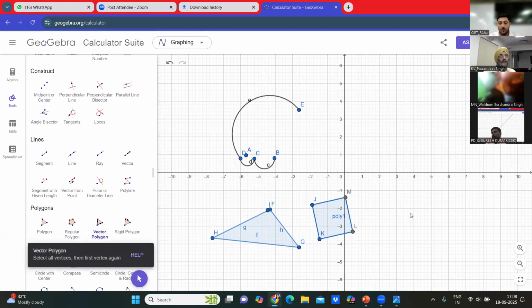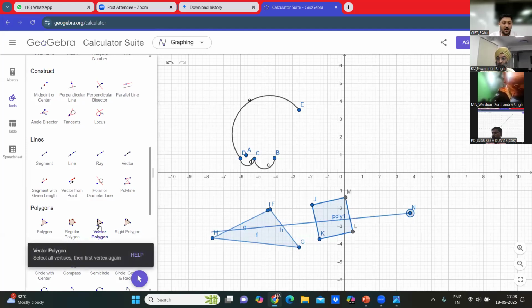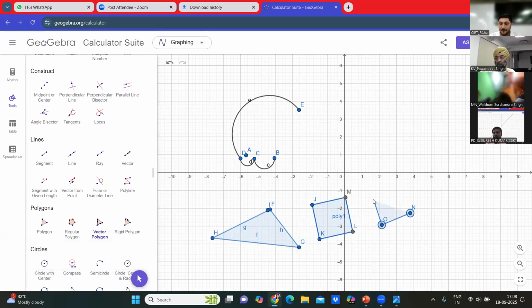If we want vector polygons, select all vertices, then the first vertex again. This is a vector polygon.